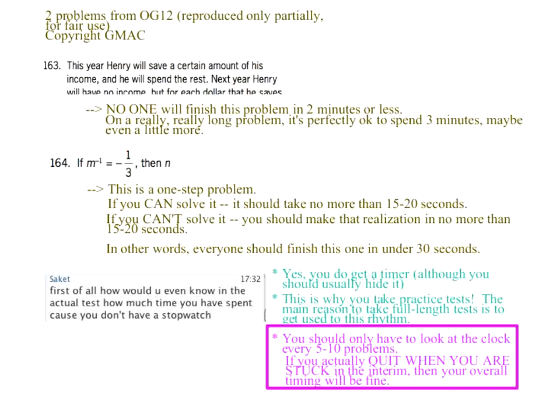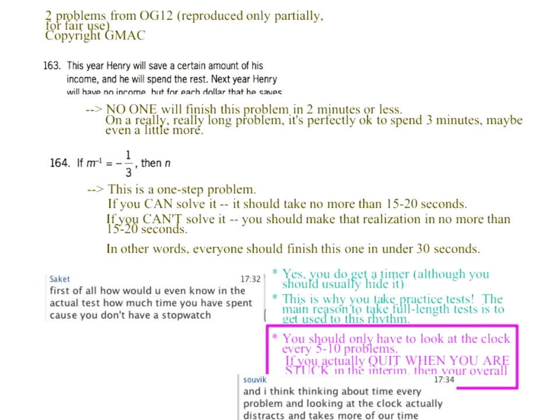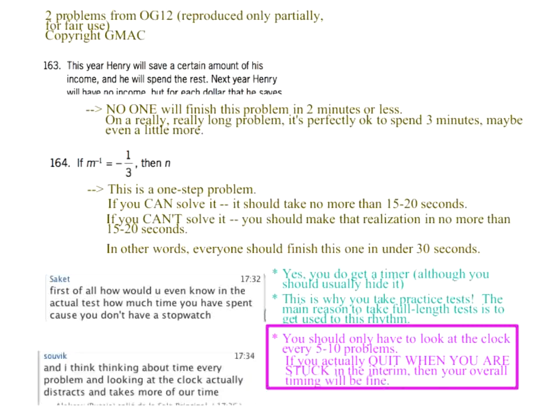So that's the most important thing to say in response to that, because this observation is totally on point, this one right here. If you look at the clock every single problem, you will probably throw away a total of 5, 6, 7 minutes just looking at the clock. And that's time that you could have spent solving problems.